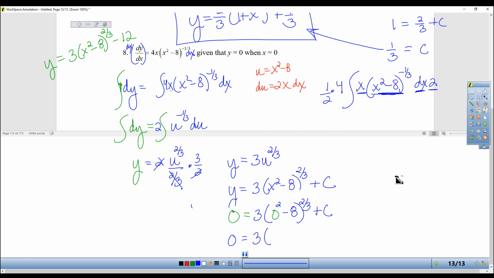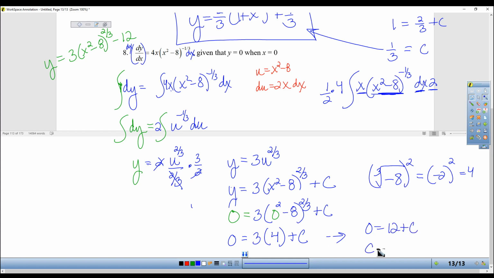Negative 8 to the 2/3 is the same thing as the cube root of negative 8 and then squared. So cube root of negative 8 is negative 2, squared is 4, times 3 is 12, plus c. So 0 is equal to 12 plus c. Subtract 12 from both sides, and you get c is equal to negative 12.